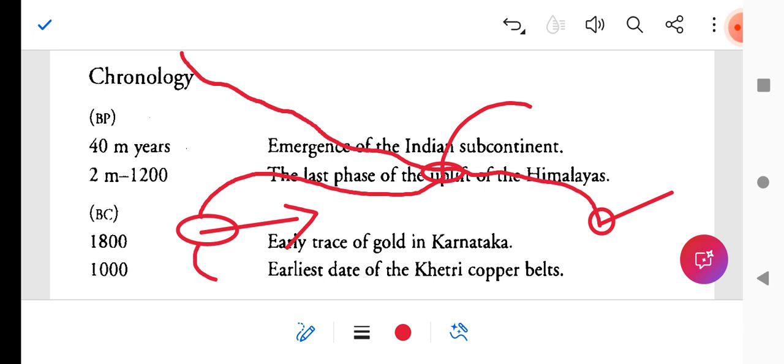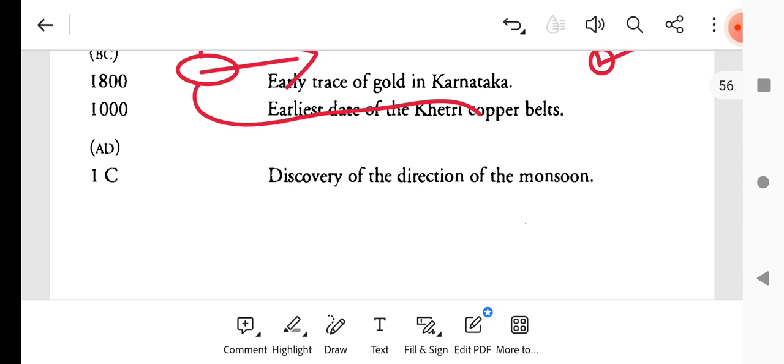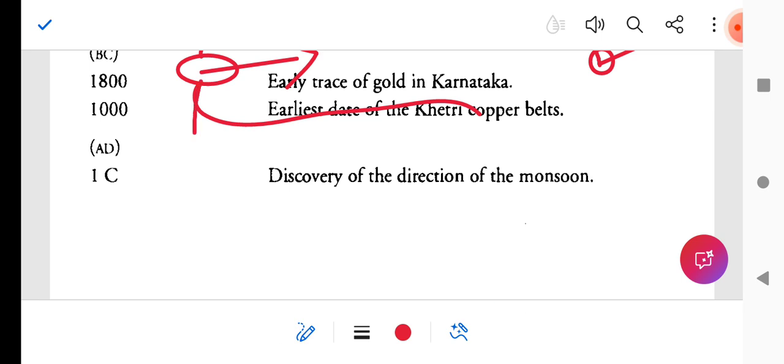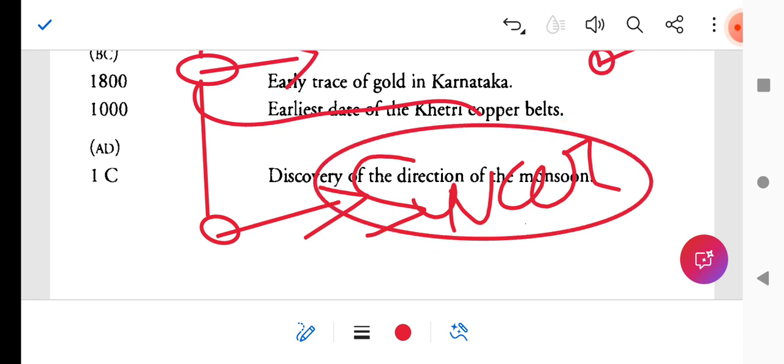And this was connected in the south, where the Kolar mine is located, that is Suvarnagiri, or we can say the mines of Kolar.